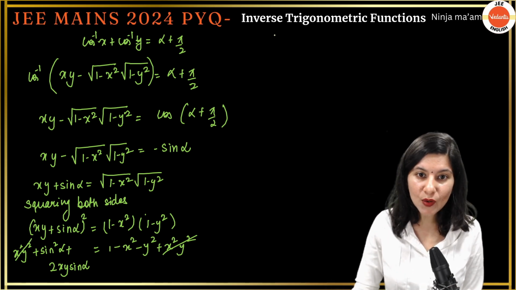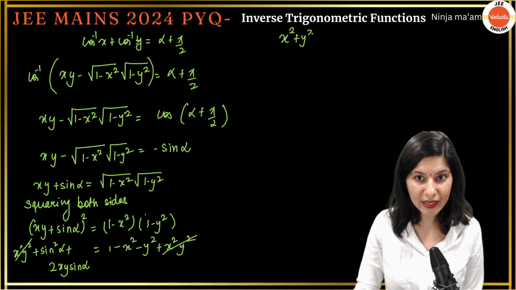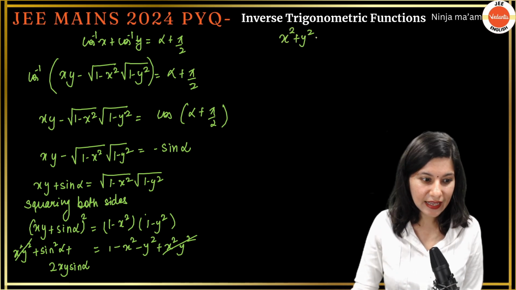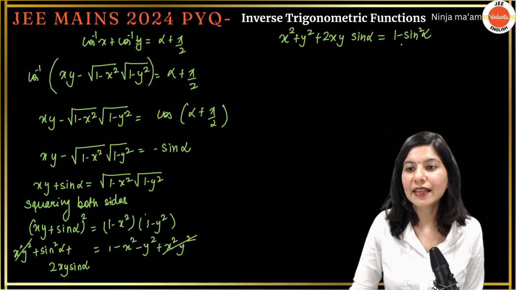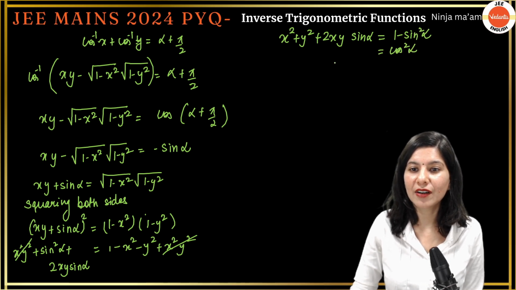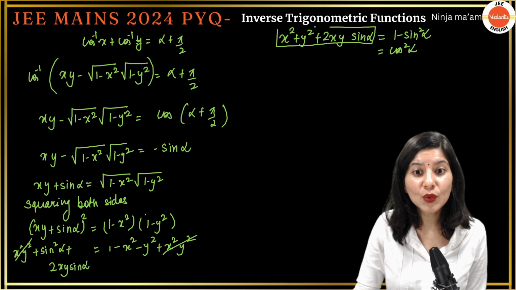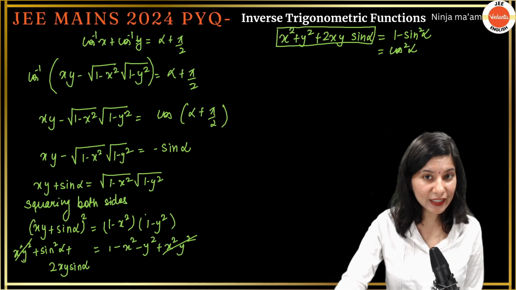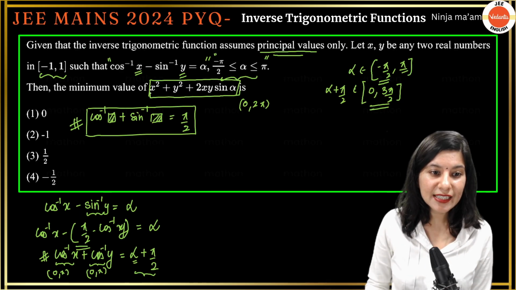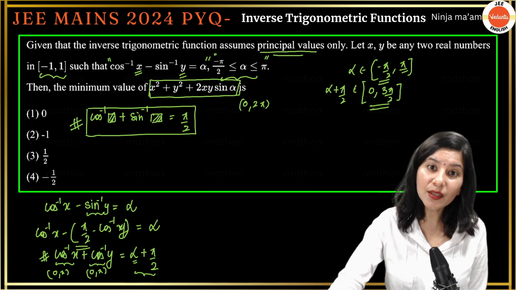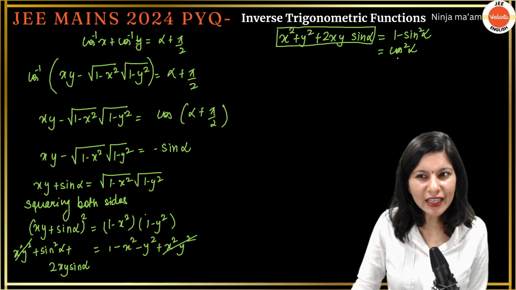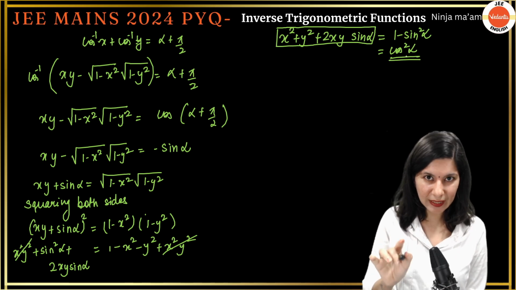Now let us shift x square plus y square to the left hand side, with plus 2xy sine alpha, and 1 minus sine square alpha is on the right hand side. So this becomes cos square alpha. This is what you were looking for. Let me go back and tell you that over here x square plus y square plus 2xy sine alpha is what they are looking for, the minimum value of that. So my value comes out as cos square alpha.